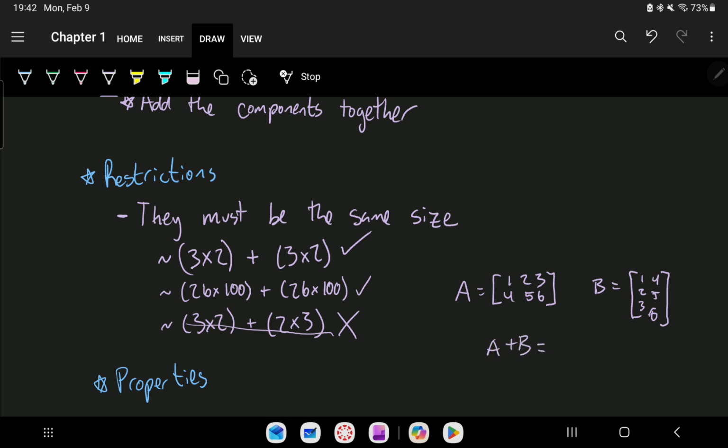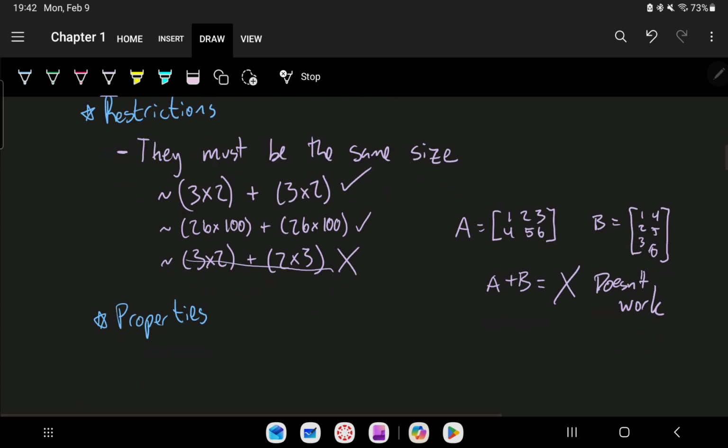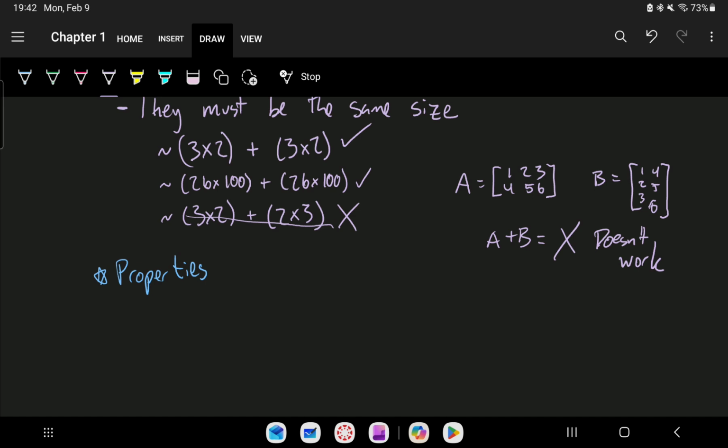Like what would the size even be, right? There's nowhere to put this 3. There's nothing to add this 3 to, for example. So this just doesn't work. So that should make it a little bit simpler to remember. Basically, just add the components together individually, and the 2 matrices must be the exact same size.